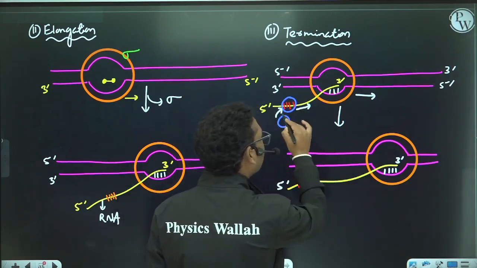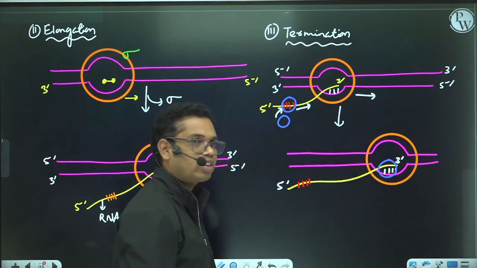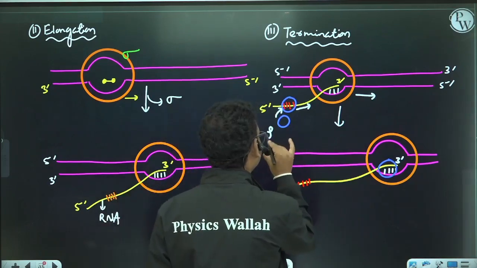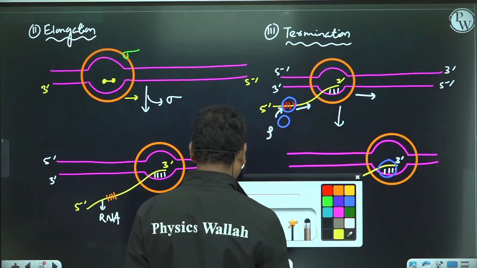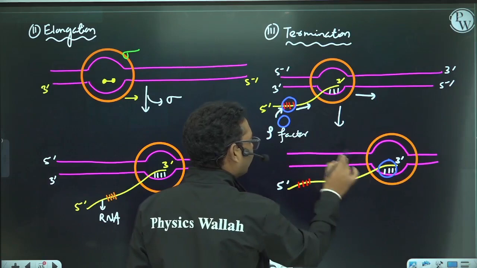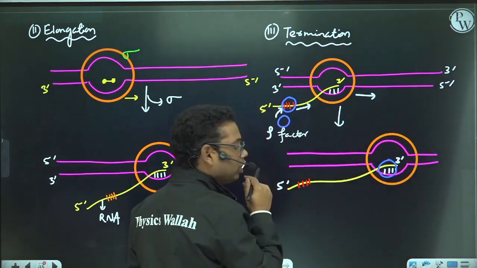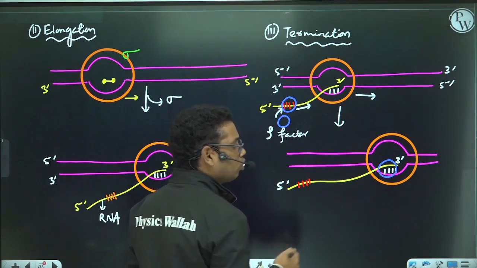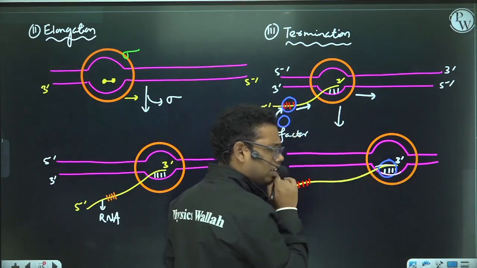The rho factor will move and arrive here. When it goes and binds at the transcription bubble, it will use the energy from ATP, and that energy will be used to break the hydrogen bonds present between this RNA and this template DNA.